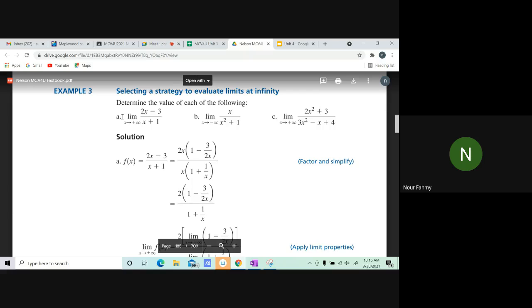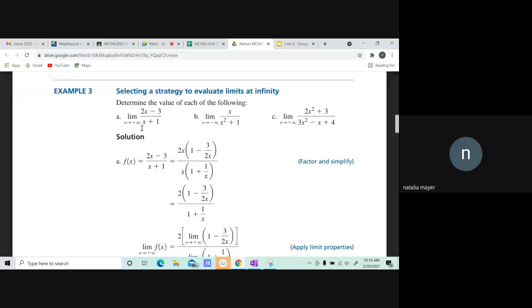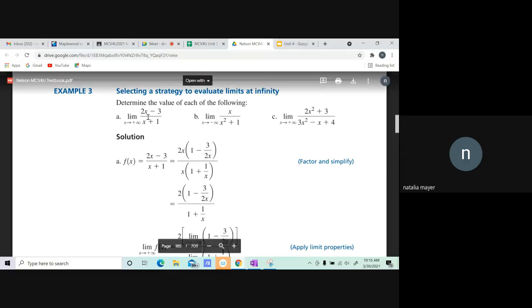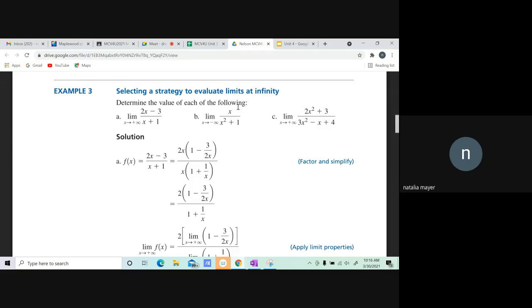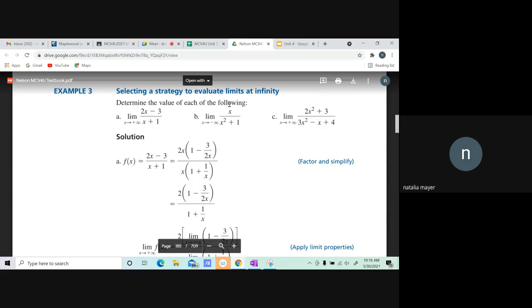Because I did 2 over 1, the ratio of the coefficients, and it's the case when the degrees are the same. What about b? What is the value of this limit? 0. And what about this one? 2 over 3.